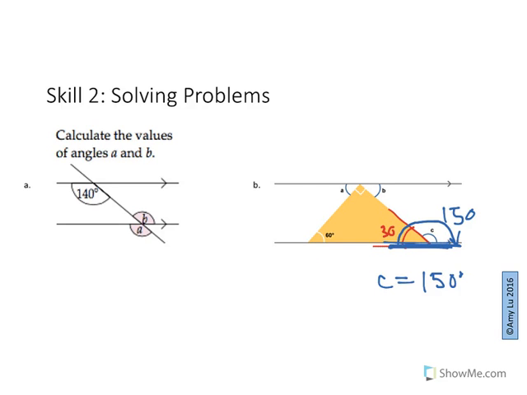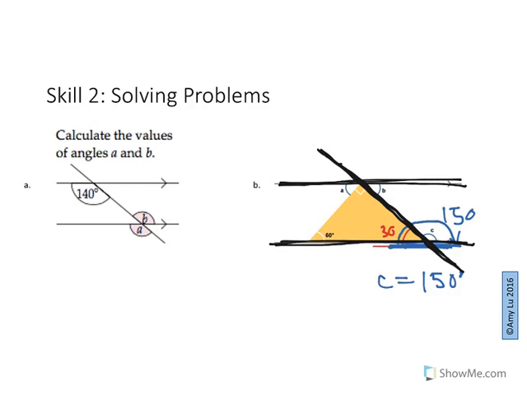Now that I know these two angles right here, 30 and 150, I can pretend that triangle doesn't exist and just really focus on the lines. I have one parallel line here and another parallel line here. I'm going to extend this line right here so I can ignore the fact that that yellow-orange triangle exists and just focus on those parallel lines.